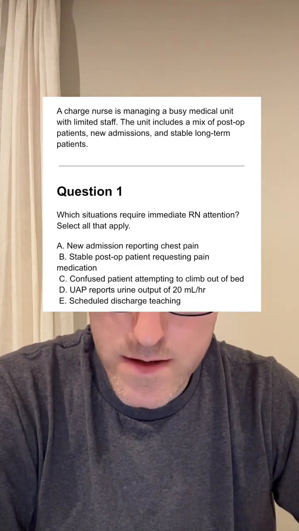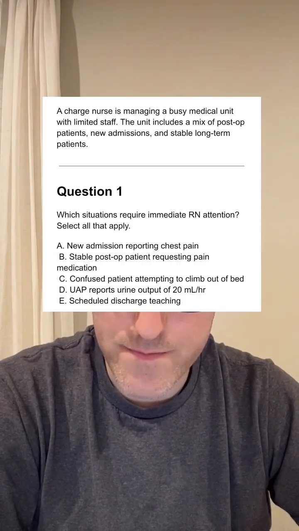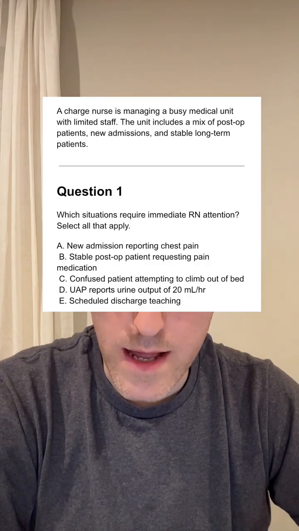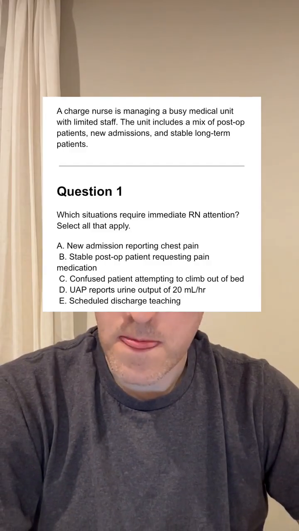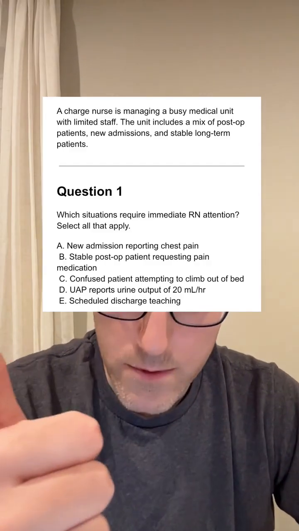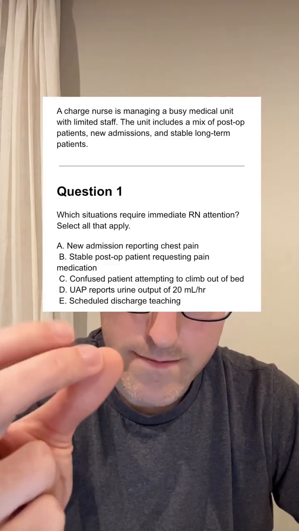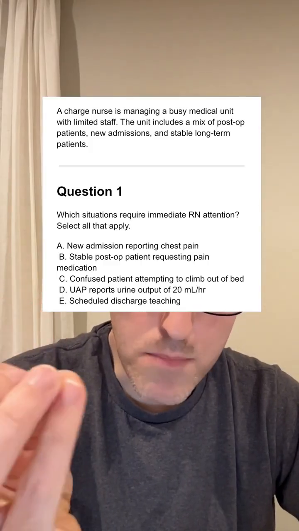All right. So, question number 1. I think a lot of you are getting it. It is A, C, and D. We're talking about unstable, unsafe, or deteriorating. That is for the RN now. Everything else can wait. So it's not B, right?